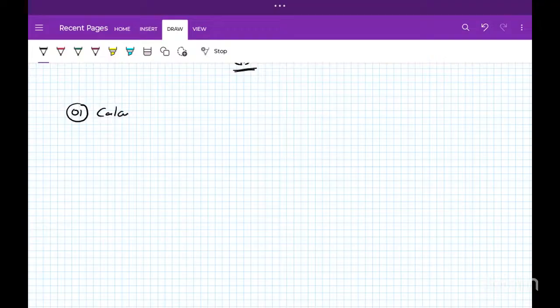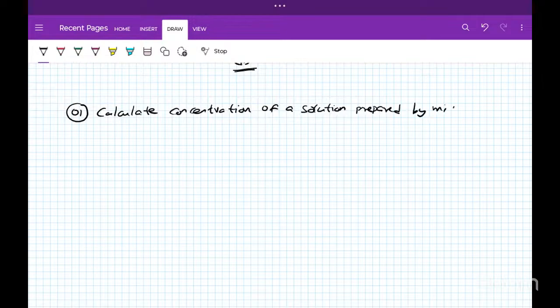Calculate concentration of a solution prepared by mixing 50 grams of calcium carbonate in 50 cubic centimeters of water.